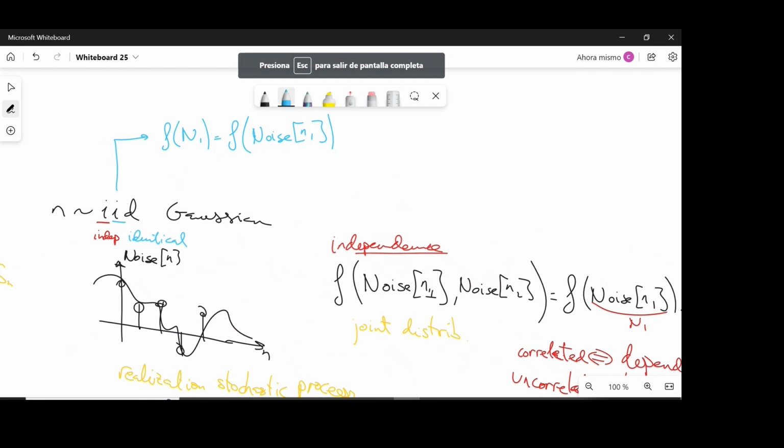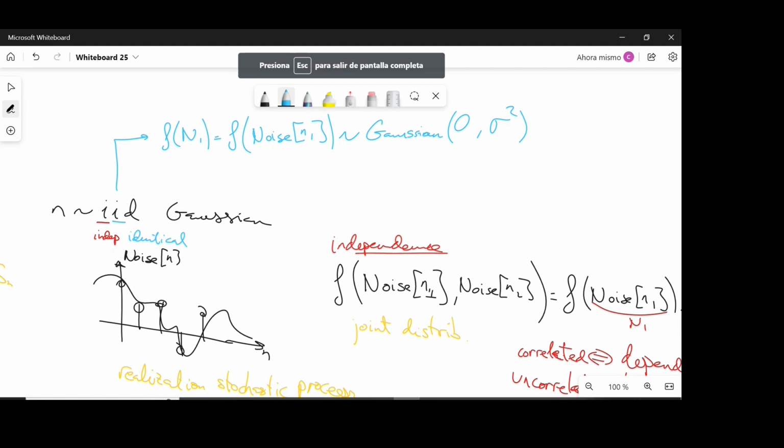And identical means that this doesn't depend on n1. All the variables are identically distributed. So if you say independent and identically distributed following a Gaussian, then this is a Gaussian, this is a Gaussian, typically with zero mean and some standard deviation, some variance.